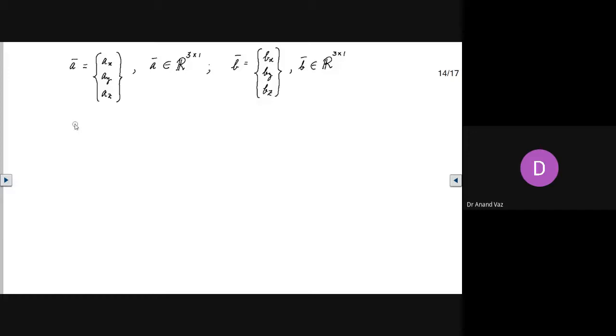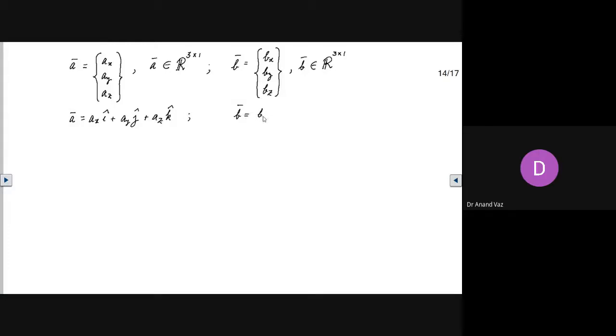We are already familiar that if we are interested in the dot product, the other way in which we represent this vector, using ijk notation, which you are quite familiar with, is that we write it as ax times the unit vector i, plus ay times the unit vector j, plus az times the unit vector k. And likewise, we also write the b vector in the same way.